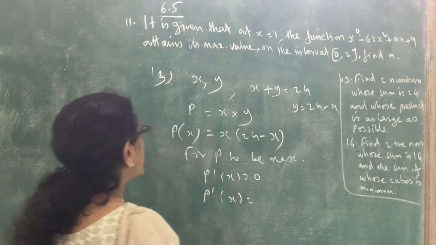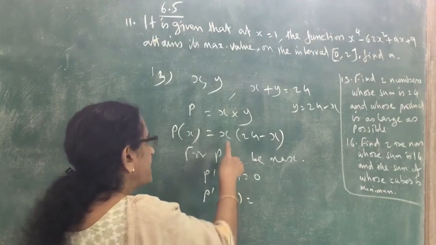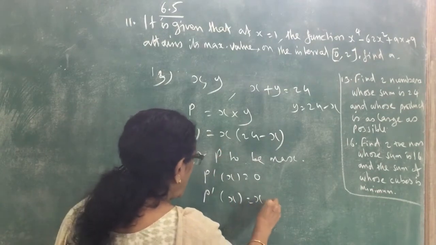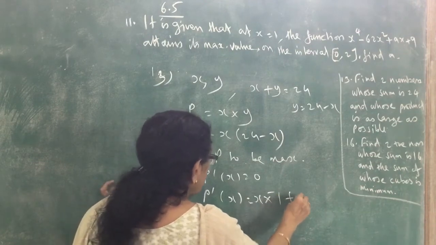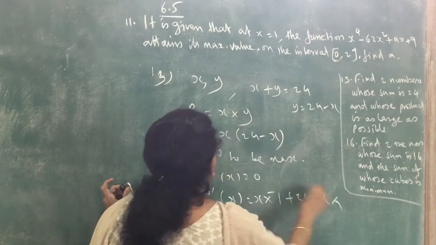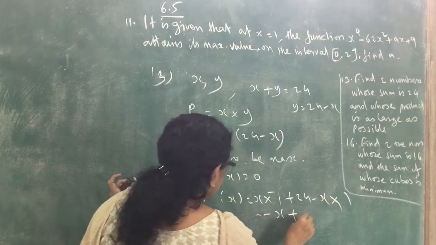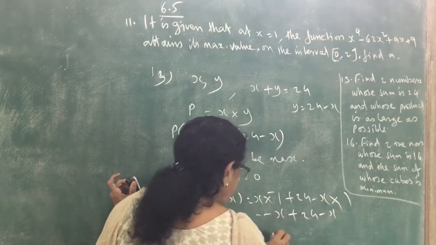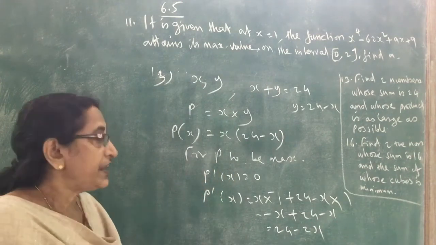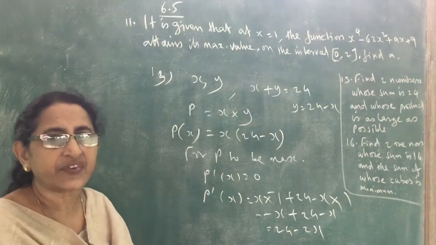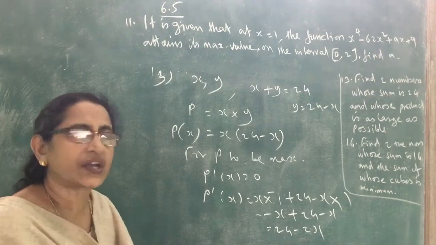We can apply the product rule, derivative with respect to x: first function into derivative of second, 24 minus x, that is minus 1, plus 24 minus x into derivative of x, that is 1. That is minus x plus 24 minus x, that is 24 minus 2x. So that is the derivative. Now we are using the second derivative test. So we have to find for which value of x p dash x equal to 0.